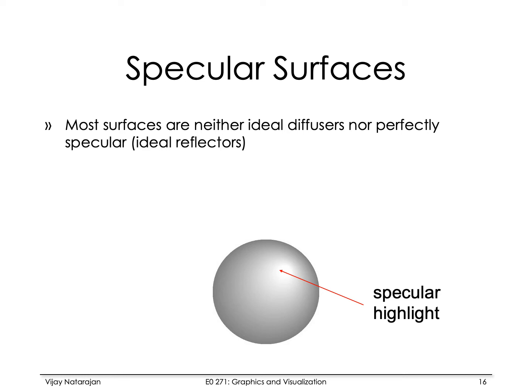So a shiny surface or a specular surface will display an artifact which is called the specular highlight. So essentially a small dot or a large white region that really shows you how the light is reflected off that shiny surface.